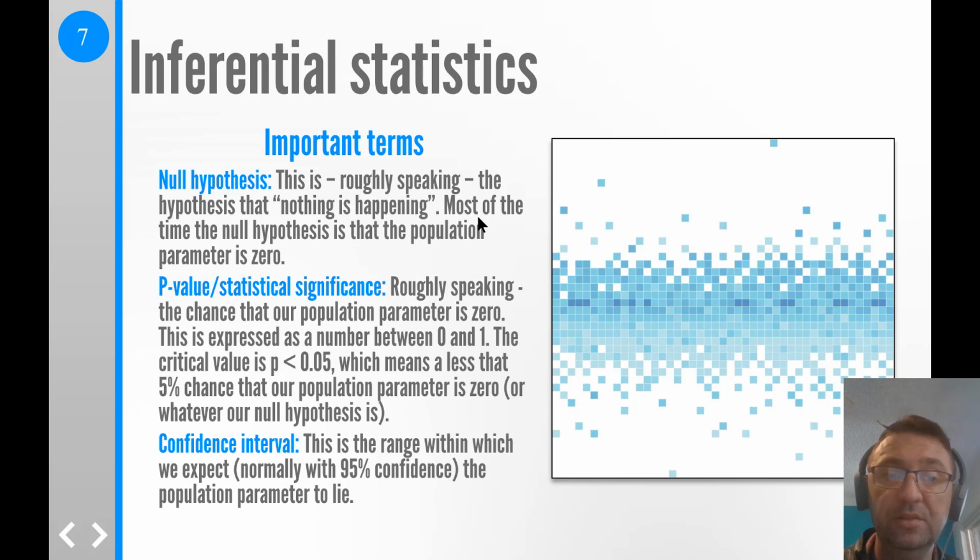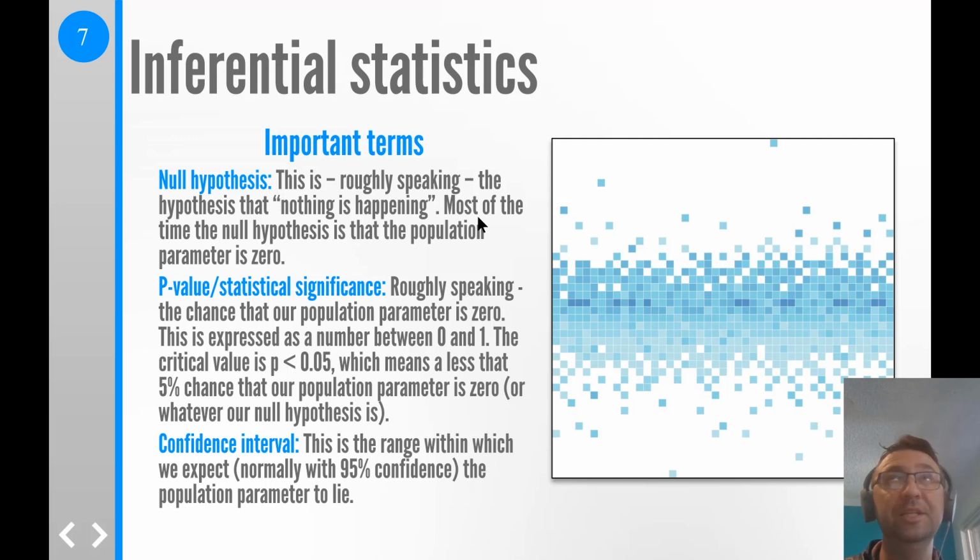Now, any of you who have done statistics will be familiar with this and probably have got very confused. We have this idea in statistics of the null hypothesis. Roughly speaking here, because I'm trying to give you statistics without maths and without too complicated ideas, the null hypothesis is the hypothesis that there is nothing happening.